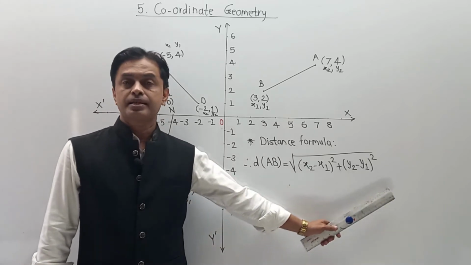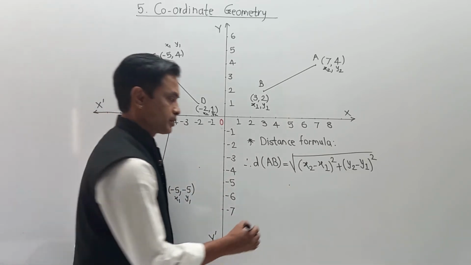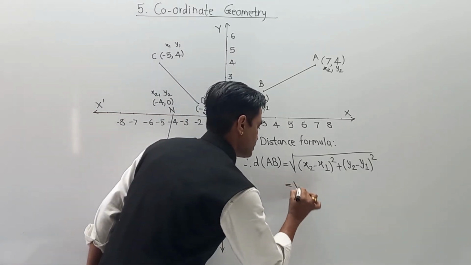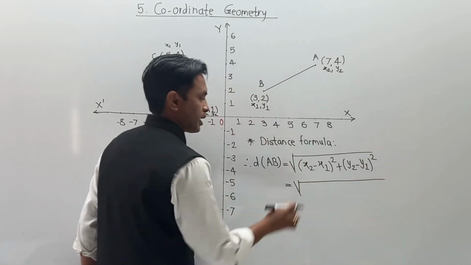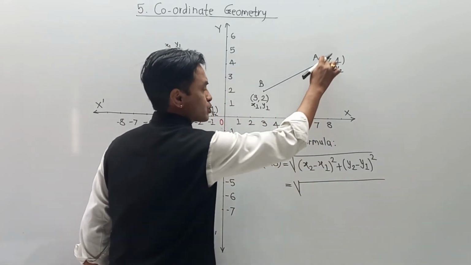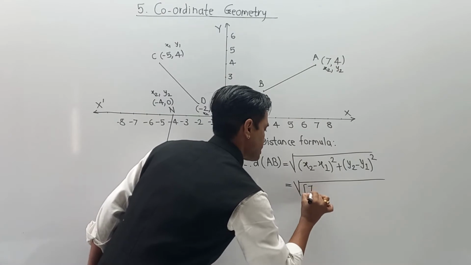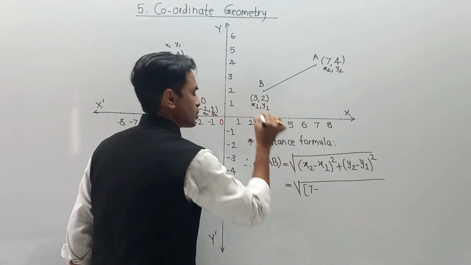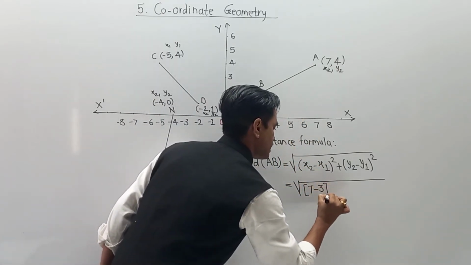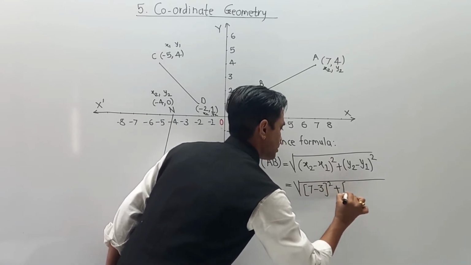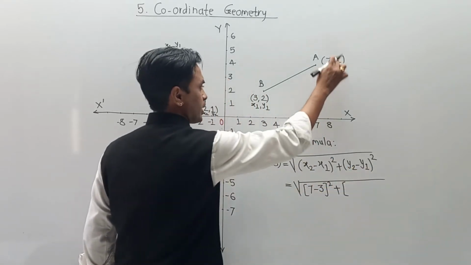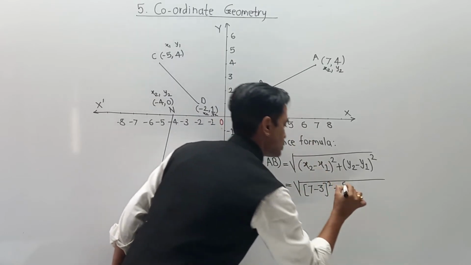Let us say in this example, for more detail in simplification, it is equal to x2 minus x1. So x2 is 7, 7 minus x1, x1 is 3. So (7 minus 3) square plus (y2 minus y1), y2 is 4, y1 is 2.